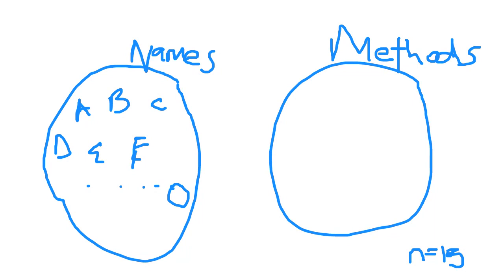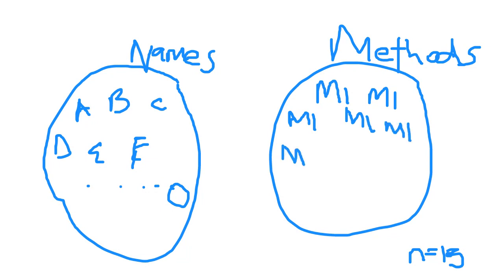Here, we'll have method 1. Method 1 will appear 5 times, because we're assuming this is a balanced problem.